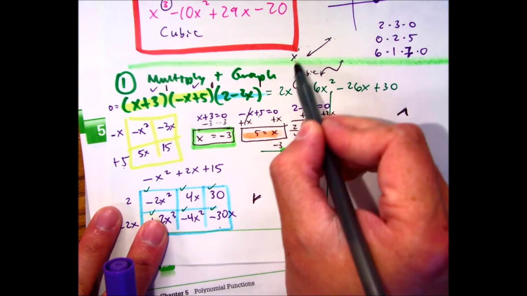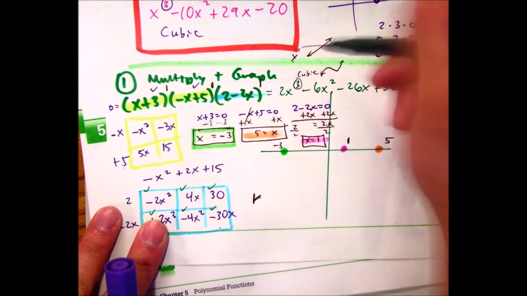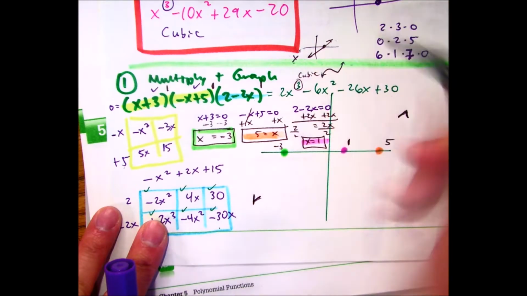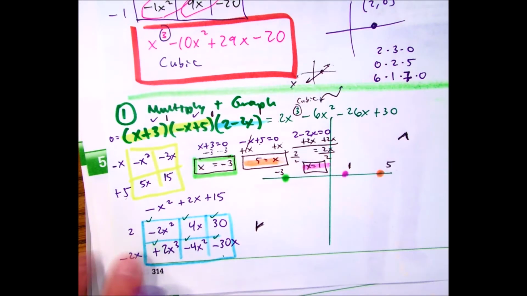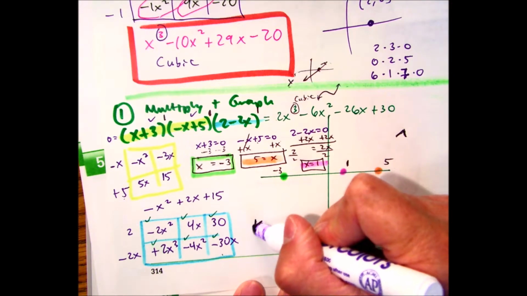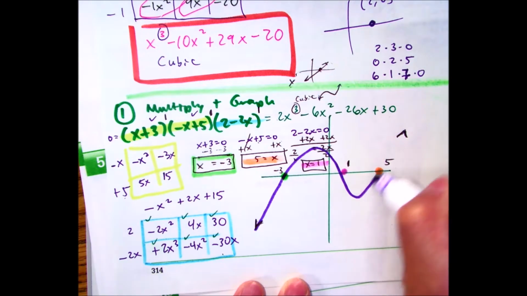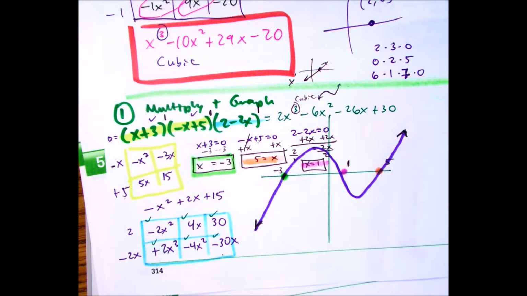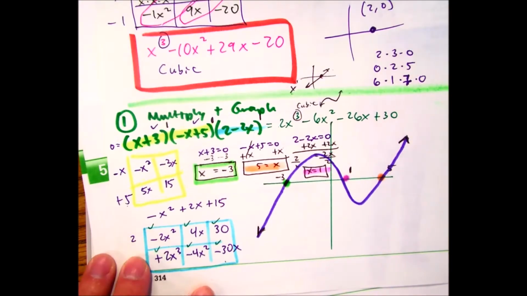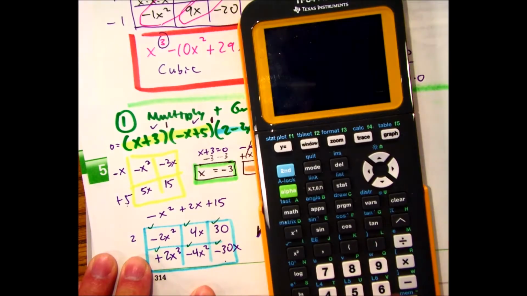You'll notice that odds, like x to the first, they shoot through the x-axis. So when I'm drawing this graph, I start down, go through my colored points. Notice how I'm going through those and I don't bounce off of them. So I actually sketched this by hand. Let's now see what this will look like on my graph.